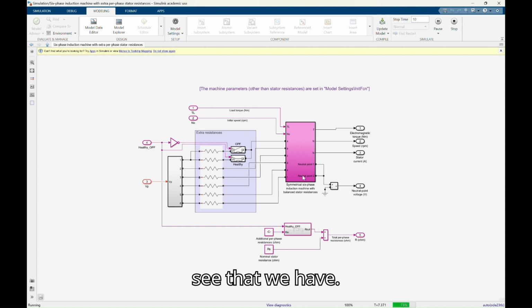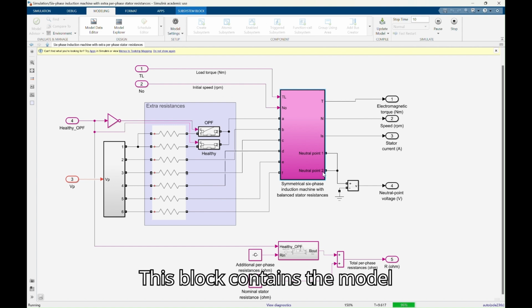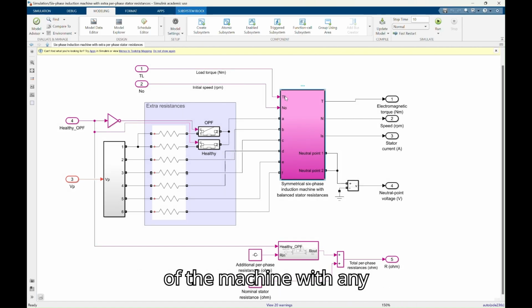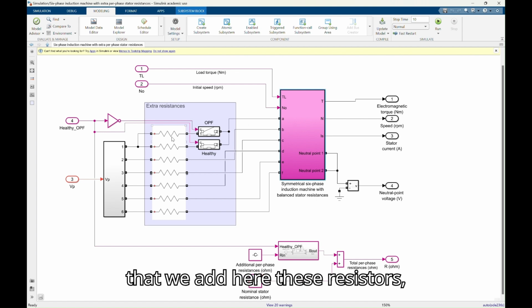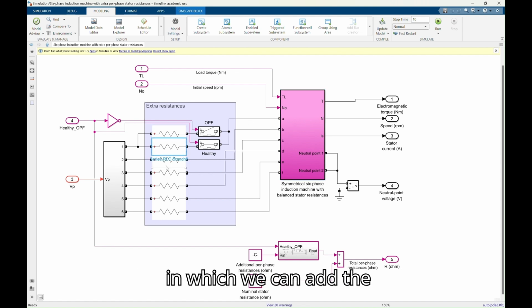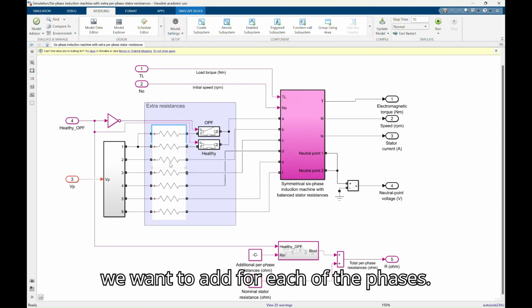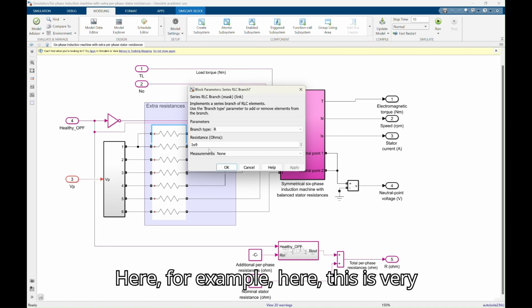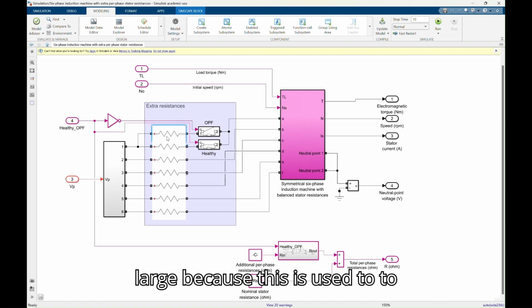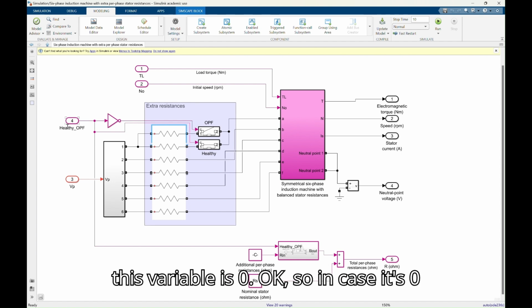We can see that this block contains the model of the machine, with any resistance imbalance. So what we do is that we add here these resistors, in which we can add the specific resistance that we want to add for each of the phases. So here, for example, this is very large because this is used to emulate the open phase fault when this variable is zero.